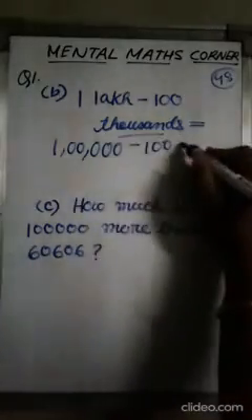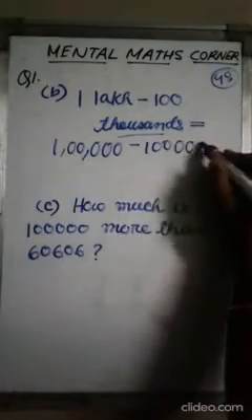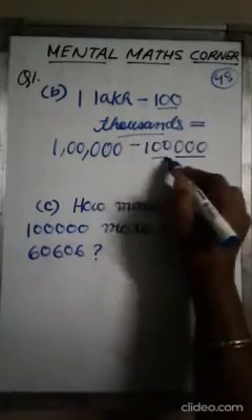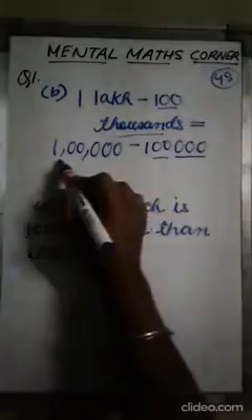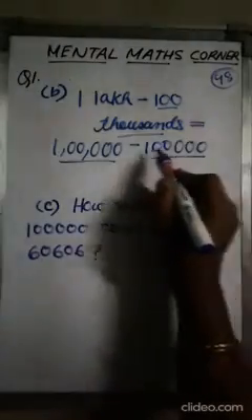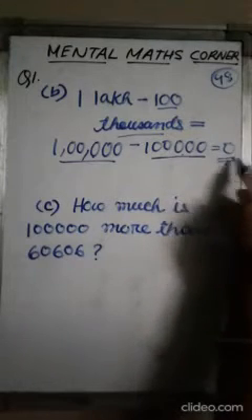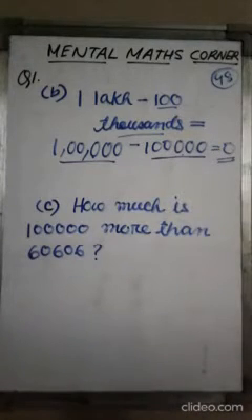Then 1000 has 3 zeros. This is for 1000, this is for 100,000. So this is 1 lakh. This is also 1 lakh. 1 lakh minus 1 lakh equals 0. So you tick the option where the answer is 0.